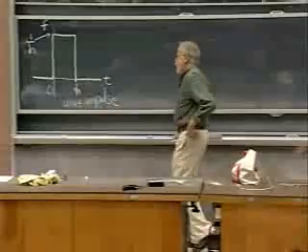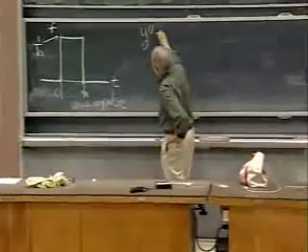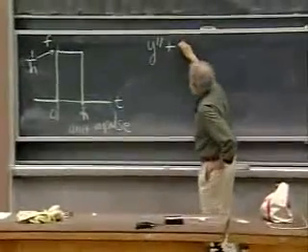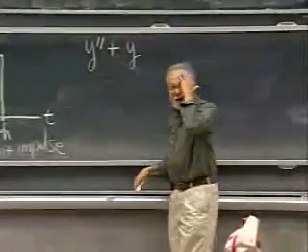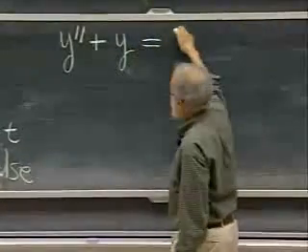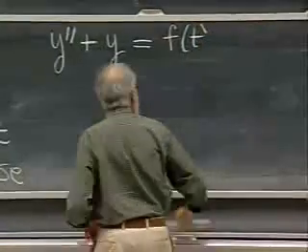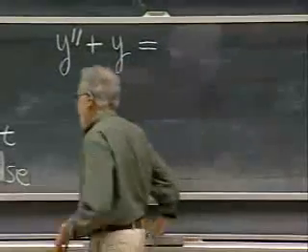Okay, now to solve a typical problem, we'd have our spring, the mass traveling on the track. Let's suppose the spring constant is 1. So there'd be a differential equation, and the right-hand side would be this f of t. Let's give it the name I gave it before.